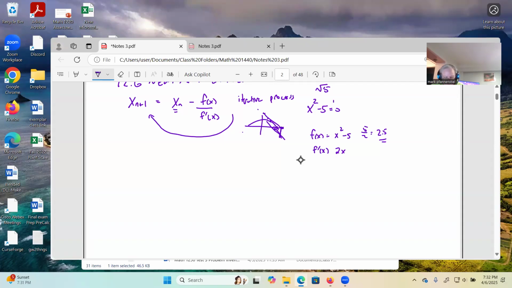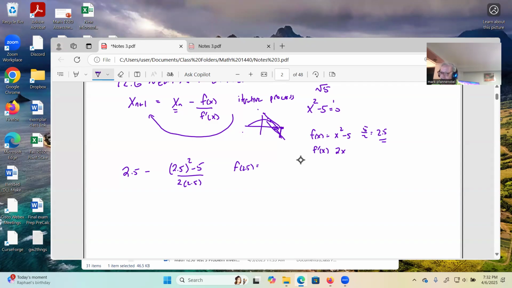All right. So what we're going to do is say that we need our x n plus 1, our next value. We're going to say this is 2.5 minus f of 2.5, that's going to be 2.5 squared minus 5 divided by 2 times 2.5. Now let's take a little bit of a break and ask, what is f of 2.5?